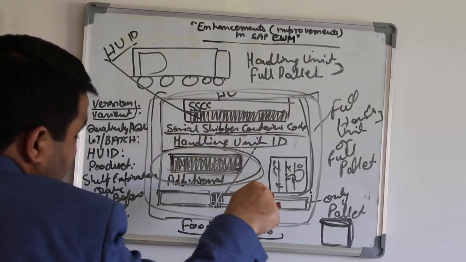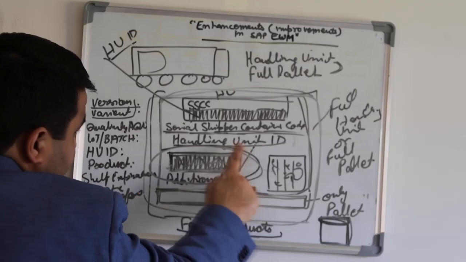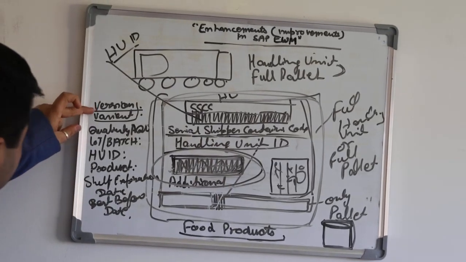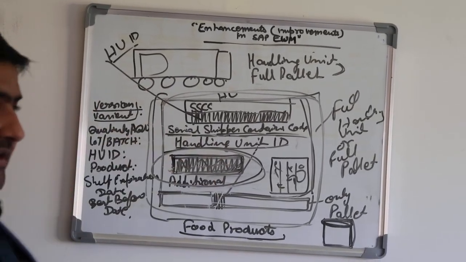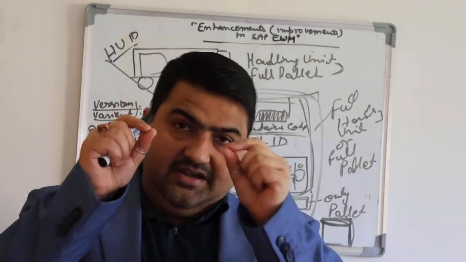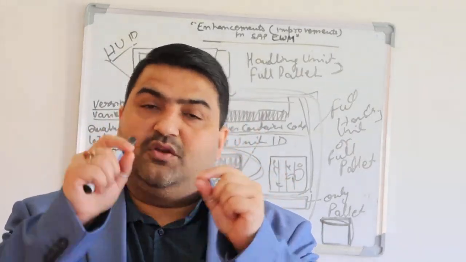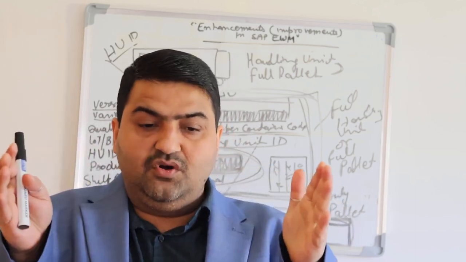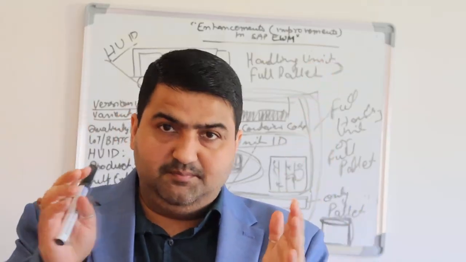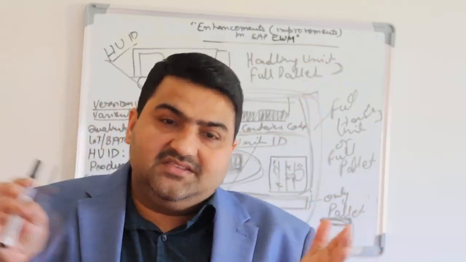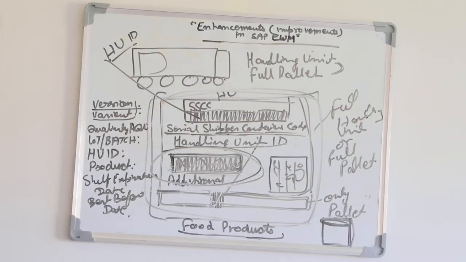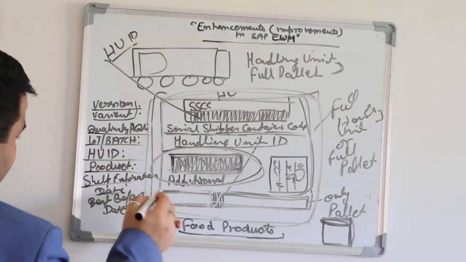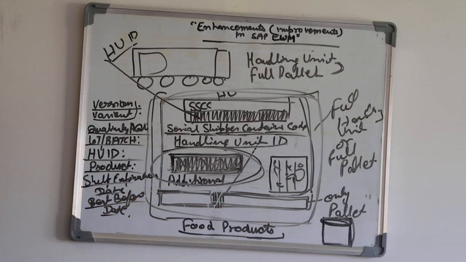But from last week we started receiving an additional barcode which contains the version and variant of the product. Variant contains properties like when it was manufactured, the color, the type. For example, jeans or pants come in different variants, different sizes, different types. We also have the quantity, batch, handling unit, product, shelf expiration date and best before date, because we are dealing with a food product.